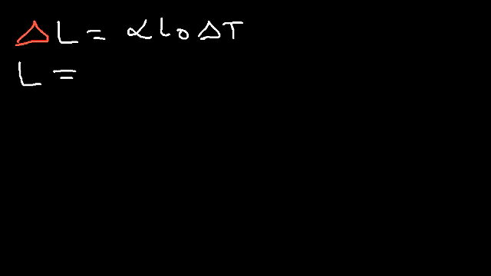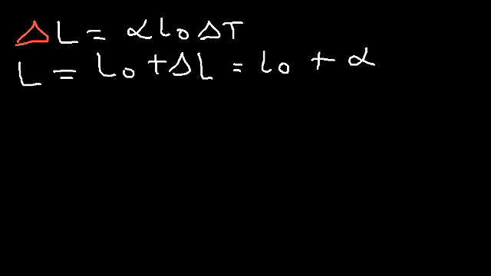So we know that delta L is equal to alpha L0 delta T. And the new L value is L0 plus delta L, where delta L is alpha L0 delta T. So we can factor out L0.